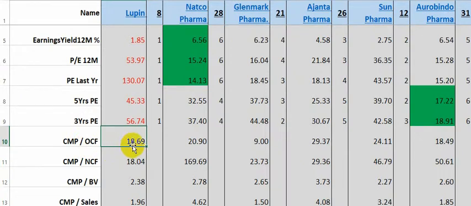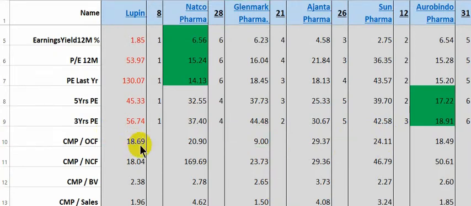So Lupin's price is 18 times its cash which came in through operating activities. Natco's price to OCF is at 20 times. Glenmark's is at 9 times, which means that the cash the company is generating is very high compared to the other companies.